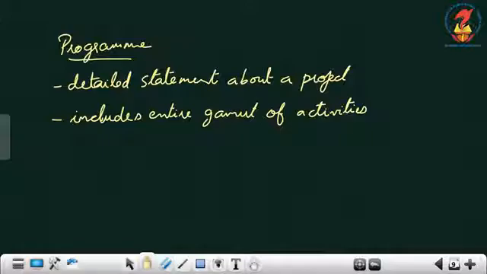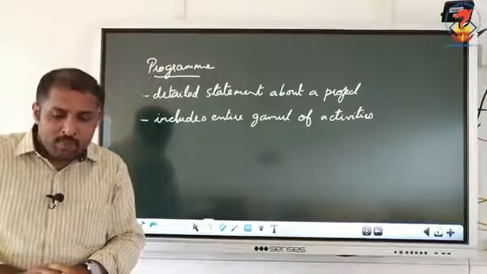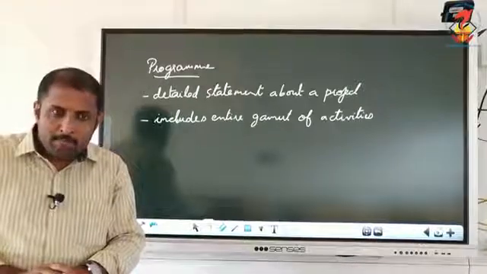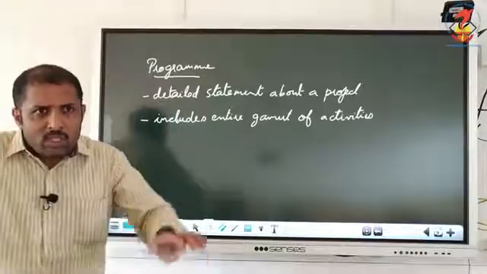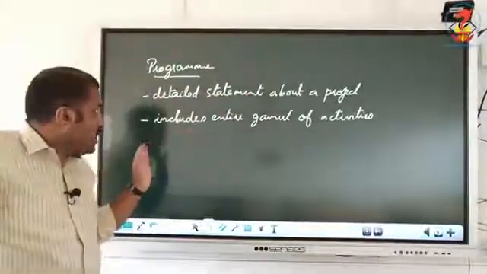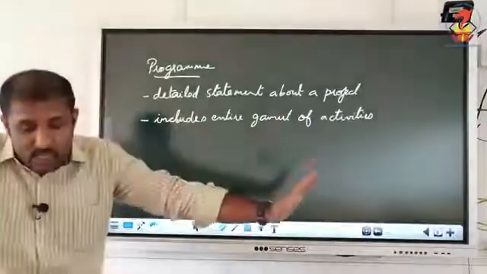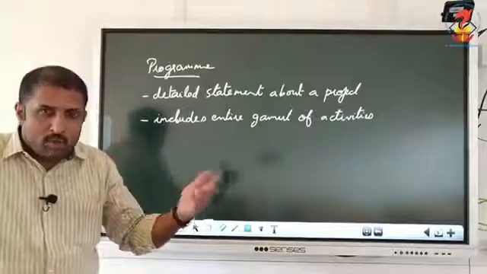For a particular thing to be done, or when we are performing a project in order to achieve an objective, it is talking about everything happening inside that project. That is why we call it includes entire gamut of activities, as well as organization policy, how it will contribute to overall business plan.